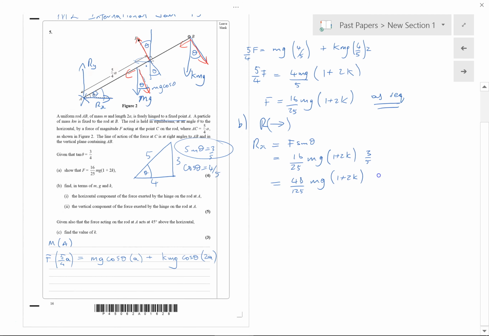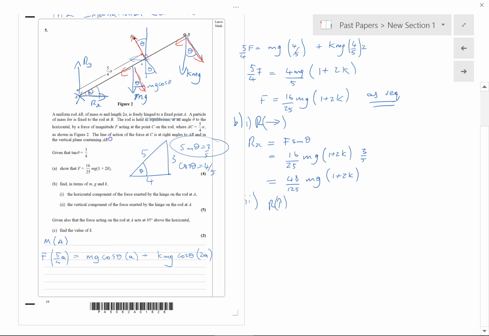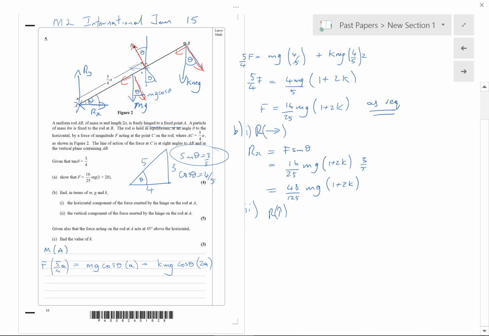That's part 1. Part 2, we'll resolve vertically and we'll get the vertical component. But of course we've got a few more forces going on here. We've got the weights coming down as well. So the upward forces are the Ry that we want to find, plus the vertical component of F, which is F cos theta, equal to mg plus kmg.